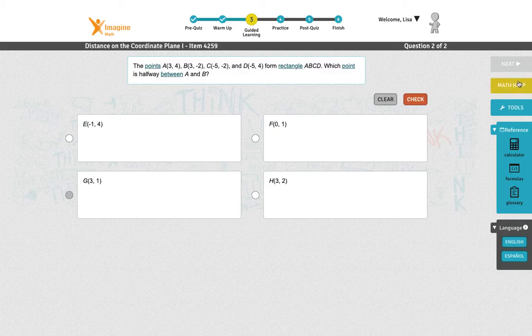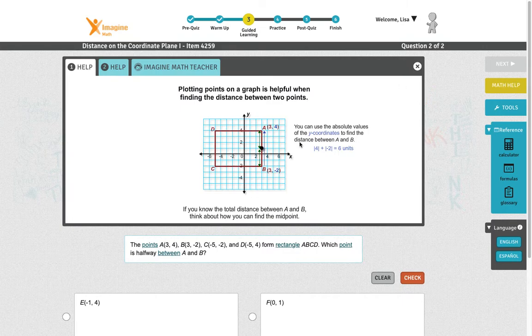Now, if you don't understand what I just said, you can use the math help, okay? What they're showing you here is this is our point A, 3, 4. So the distance from 3, 4 to 3, 0 would be 4, okay? And the distance from 3, negative 2 to 3, 0 is 2, okay?